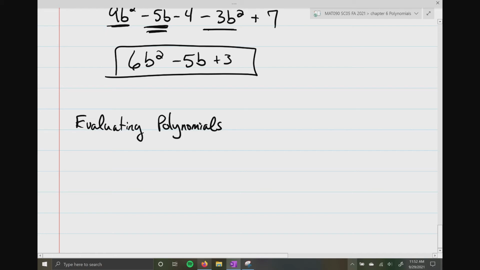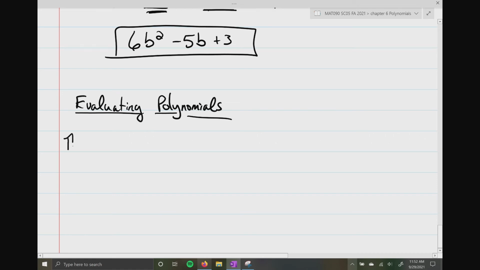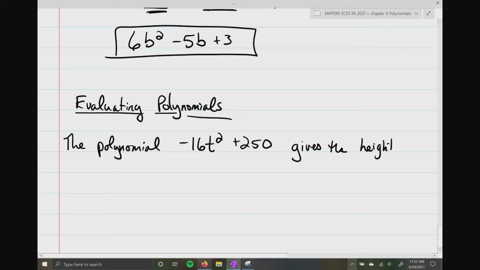Good. All right. So here's a question right here, and it actually happened over the weekend. The polynomial, so it's a word problem. I know we love word problems. The polynomial -16 t to the second plus 250 gives the height of a football after t seconds.